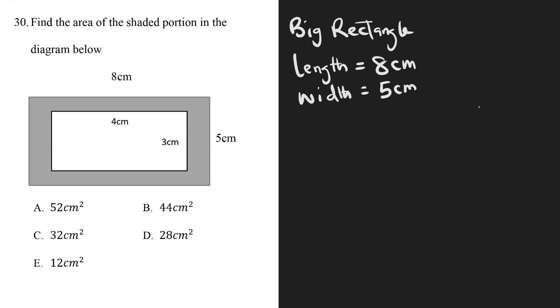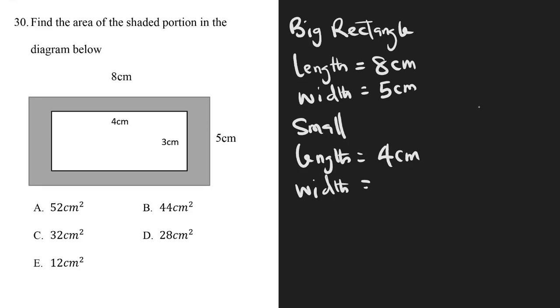Can you see? Then for the small one, the length is 4 centimeters and the width is 3 centimeters. So now, how can we find the shaded portion?